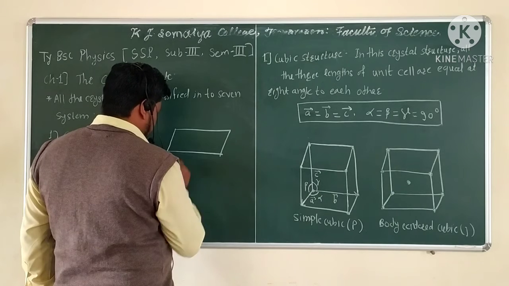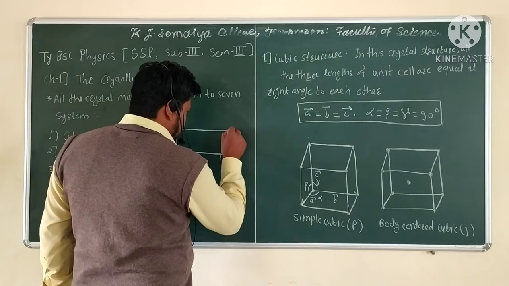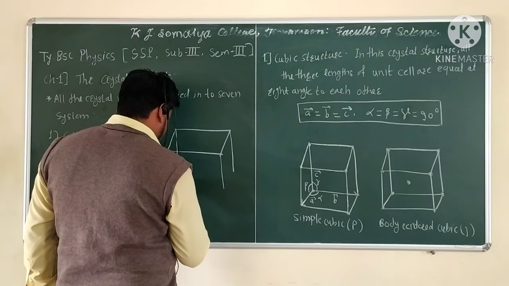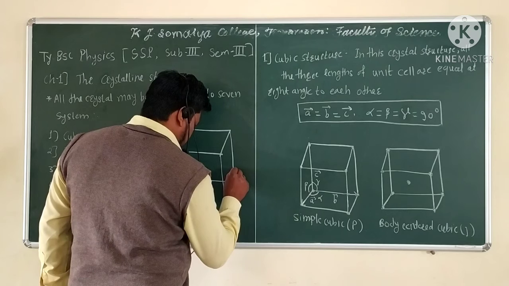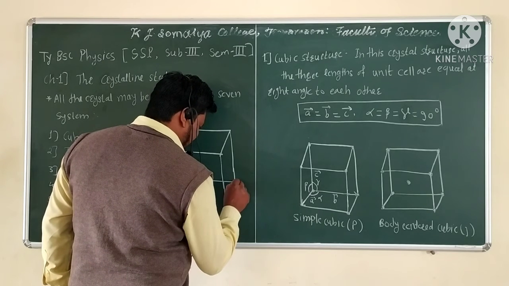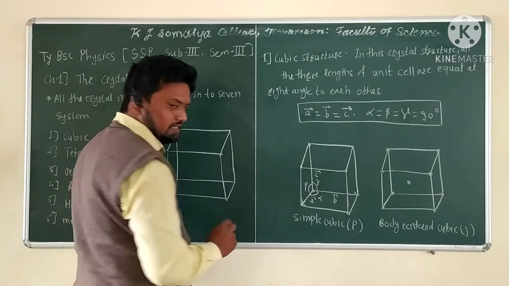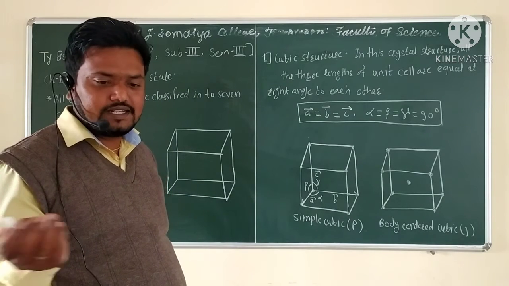The main condition is that vectors a, b and c all have the same length, and alpha, beta, gamma, the 3 angles, are at 90 degrees.